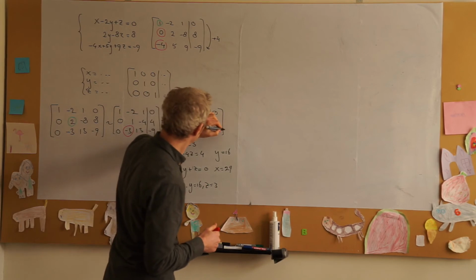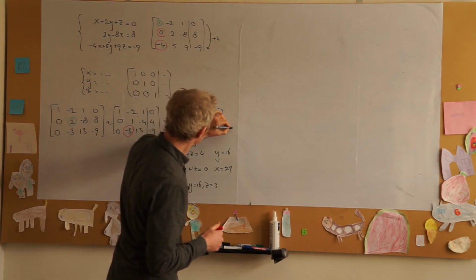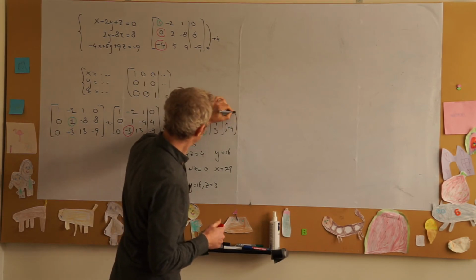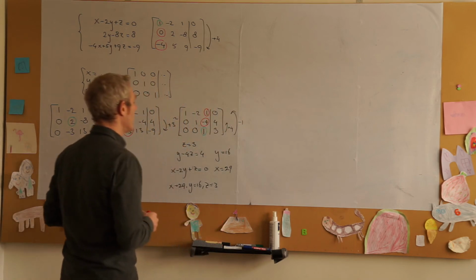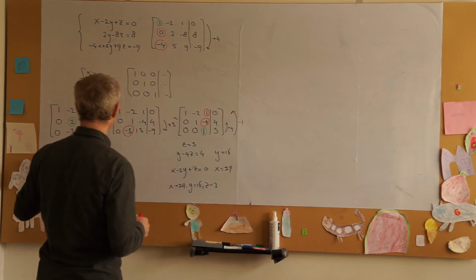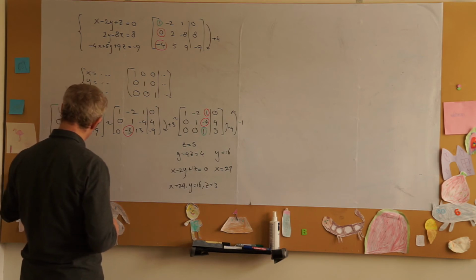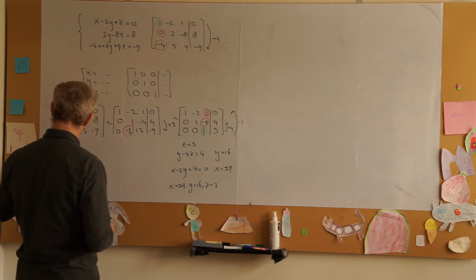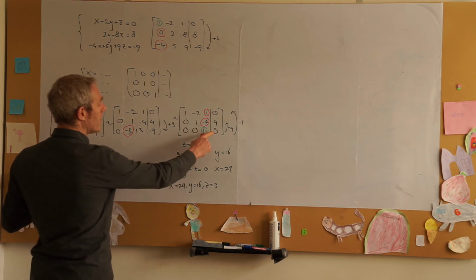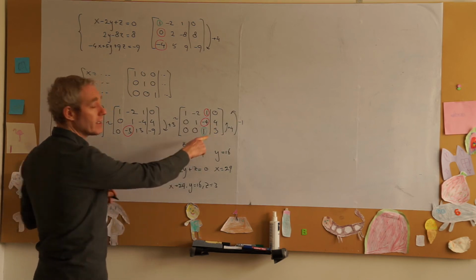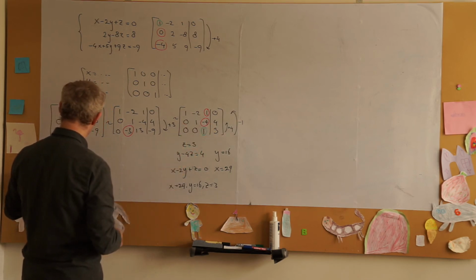I will add the third row 4 times to the second, and I will add it minus 1 times to the first. So what do we get? Well, the bottom row stays the same: 0, 0, 1, 3. Then 0, 1, 0, and 4 plus 3 times 4, that is 4 plus 12, is 16.